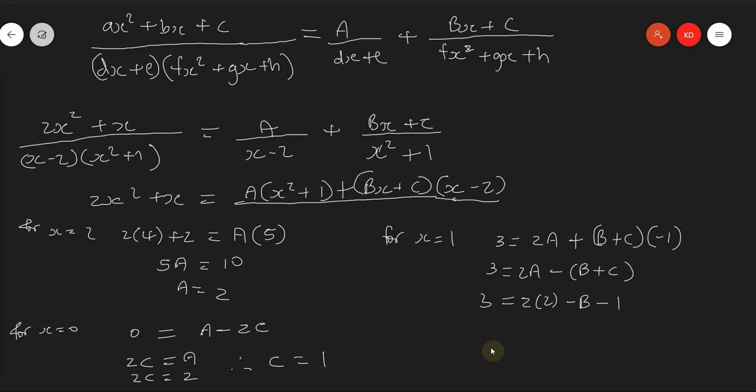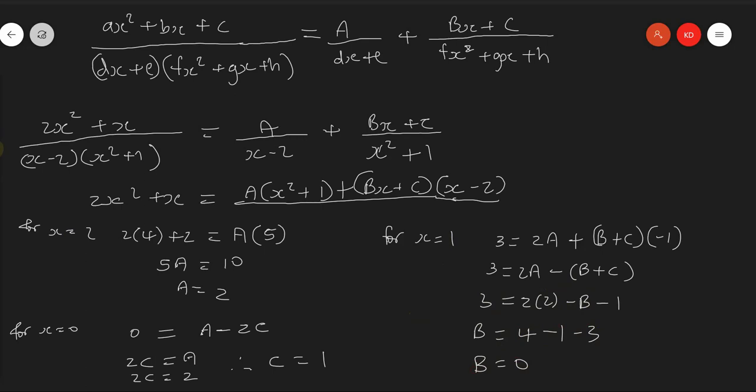Good. So let's just transpose and find b. So therefore b is equal to 4. We're bringing the b over here and bringing the 3 over here. That's 4 minus 1 minus 3. Therefore b is equal to 0.